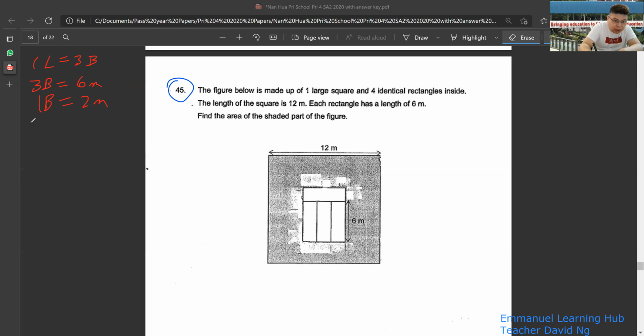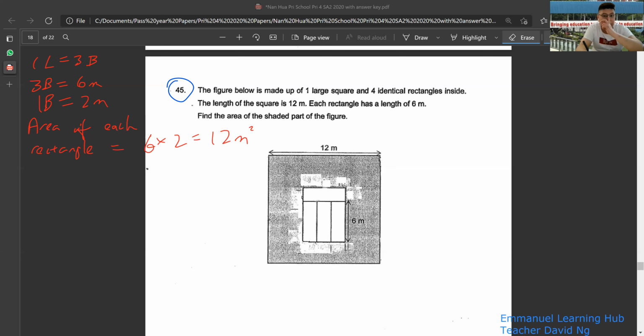So area of each rectangle is, what's the area of each rectangle? 6 times 2. Yes, 6 times 2, 12 meters square.